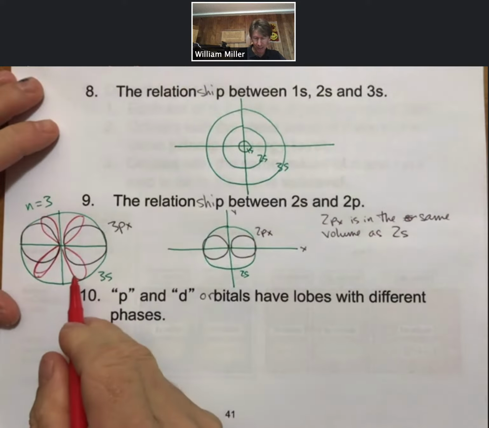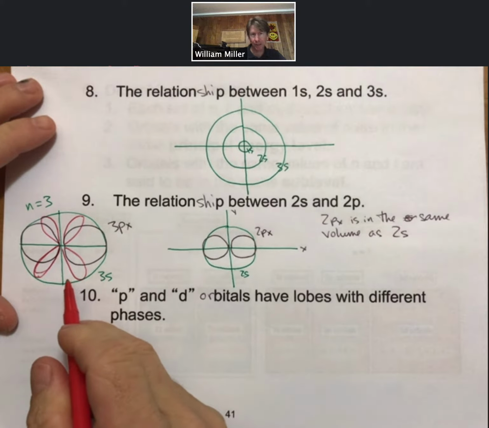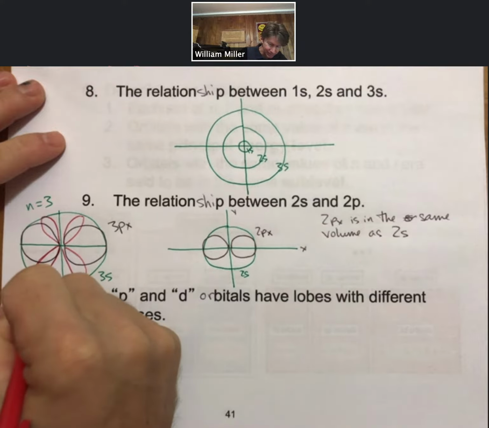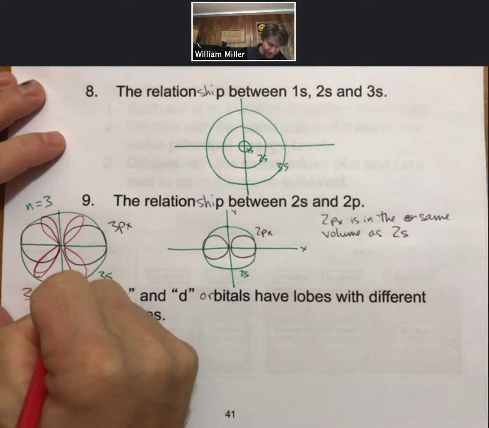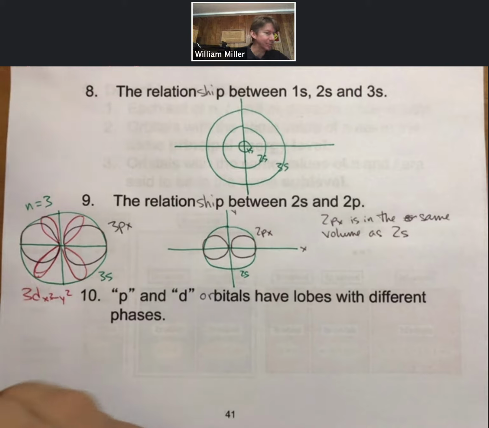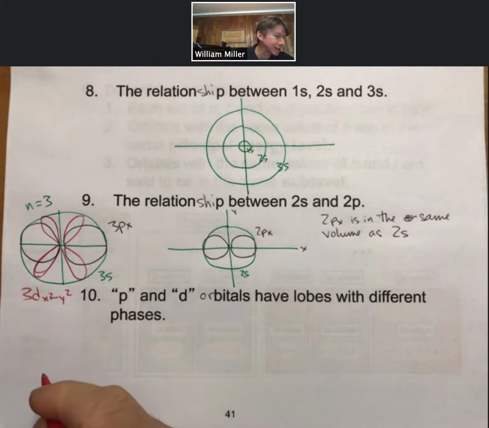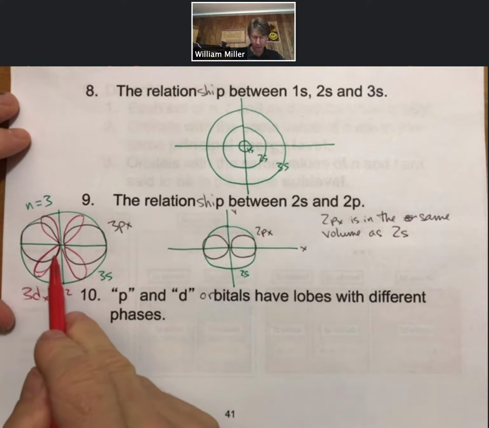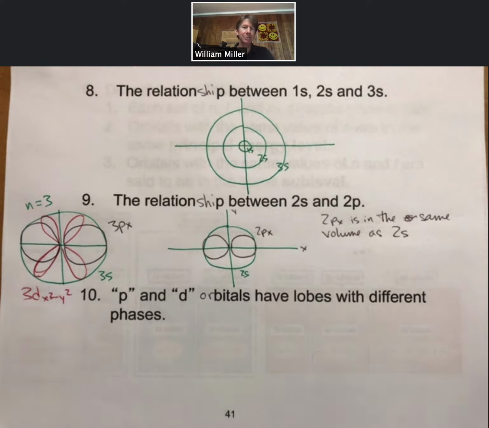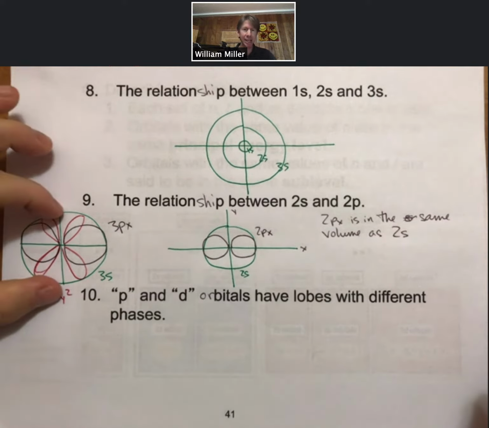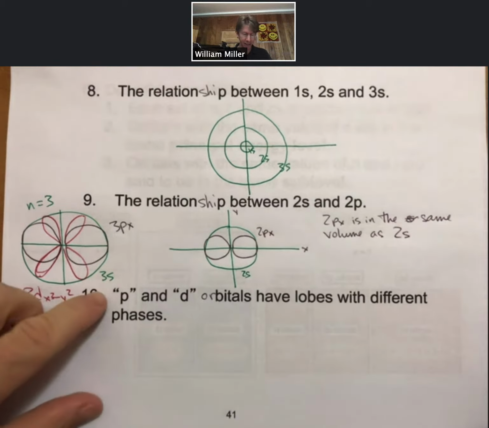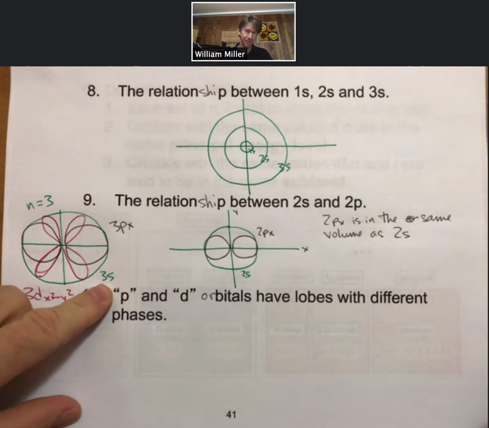And so this one I think is going to be 3d x squared minus y squared. The designations are not important. And so the 3Ds are more complicated ways of fitting electrons into the same sphere for n equals 3, which is defined by the 3s sublevel.